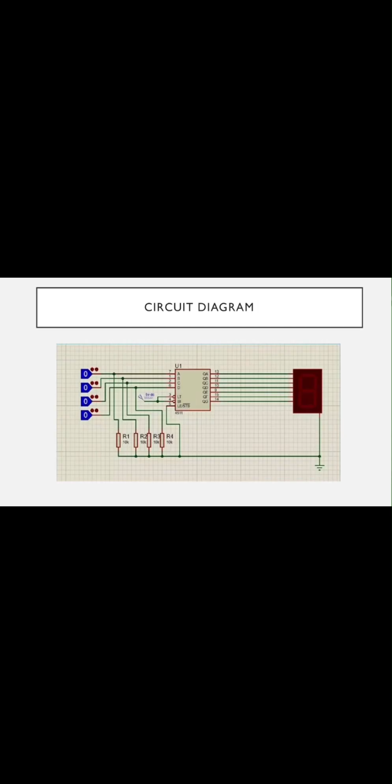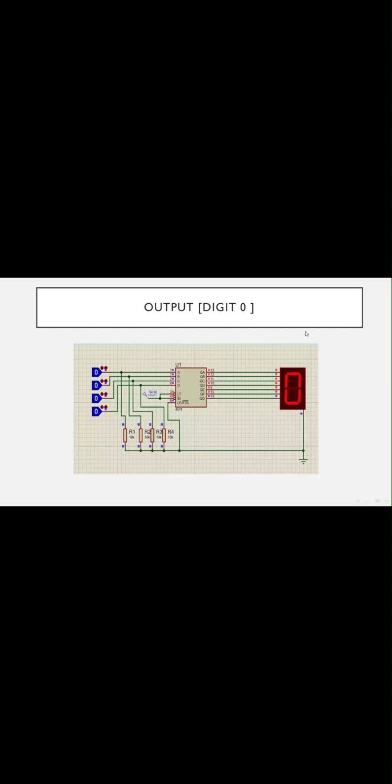So, as we see, here is a circuit diagram. Here is the output of the digit 0.